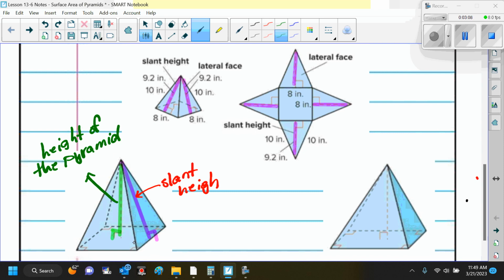They are different. If you measure them, you will see that the slant height is going to be a tad longer than the height of the pyramid. So make sure you do not get those confused. The slant height is the one on the lateral face.